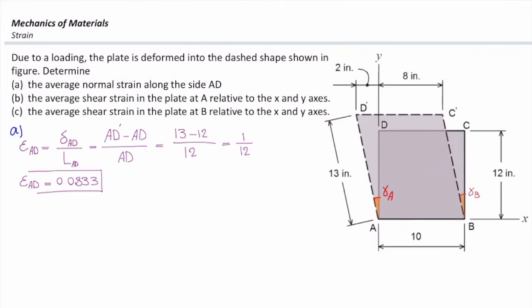Alright, now let's calculate shear strain at A. Shear strain at A is defined as the change in the angle at that side. The initial angle is pi over 2, it's 90 degrees, and the angle increased after deformation. We can directly determine how much is the angle after deformation. Look at this triangle.